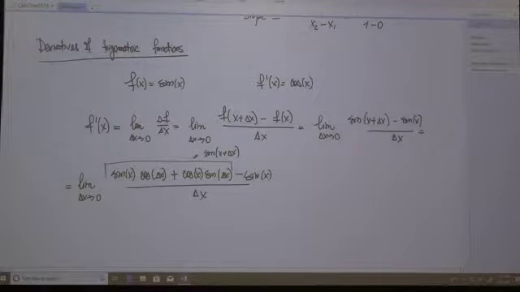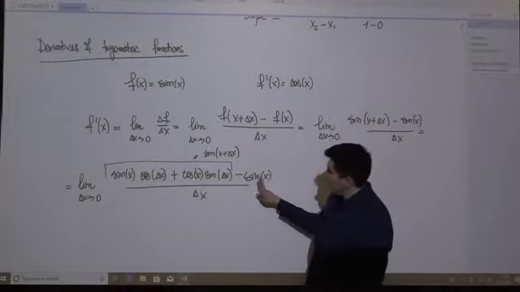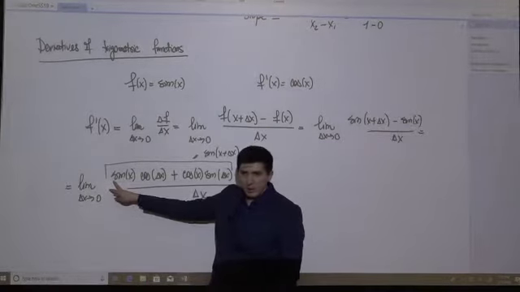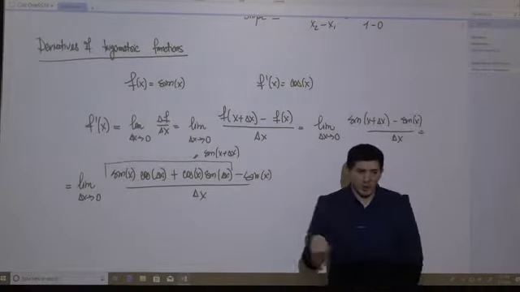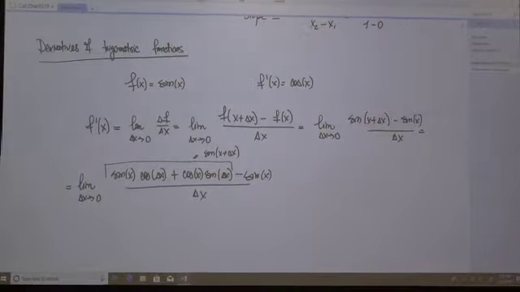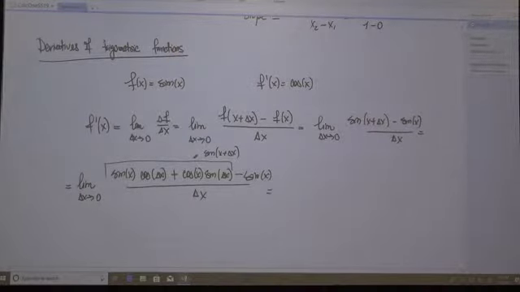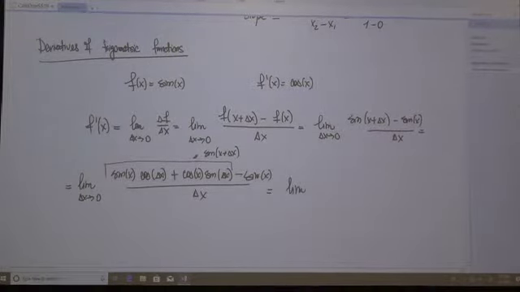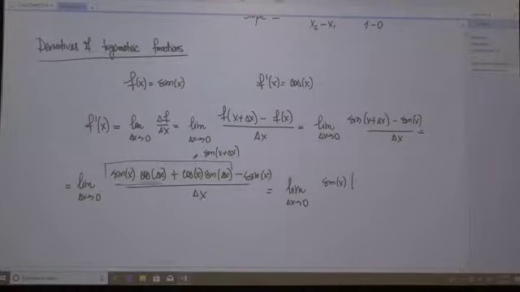Okay, so now I see that there is sine of x here and there is sine of x here. I will take them out of the brackets and I will split this limit into 2 parts. We write the limit of sine of x times, if I take out sine of x from this term, what is left?